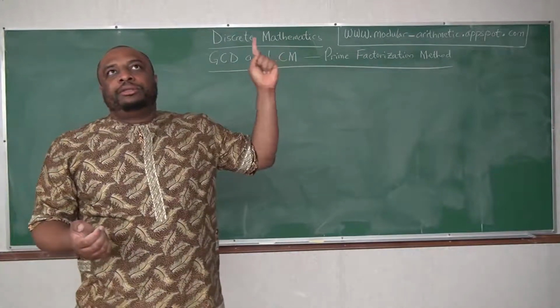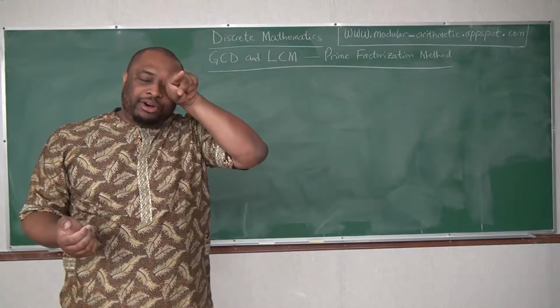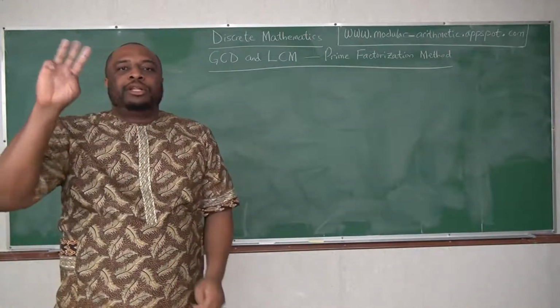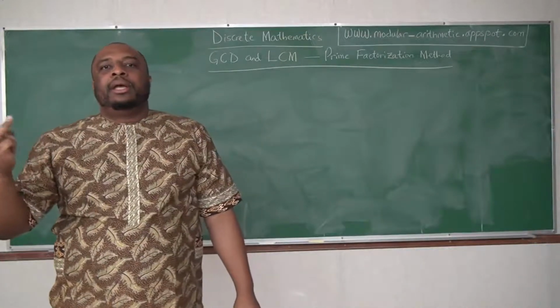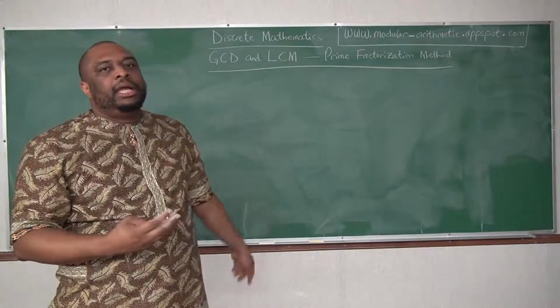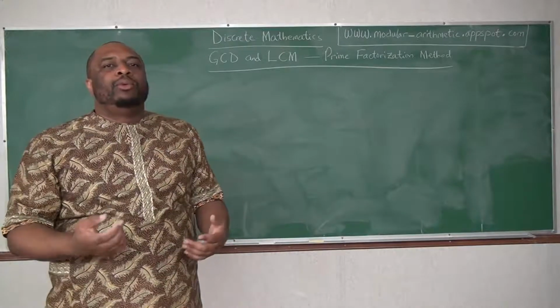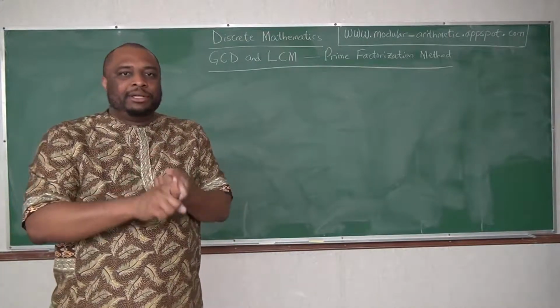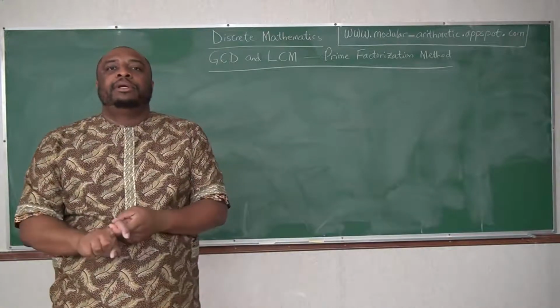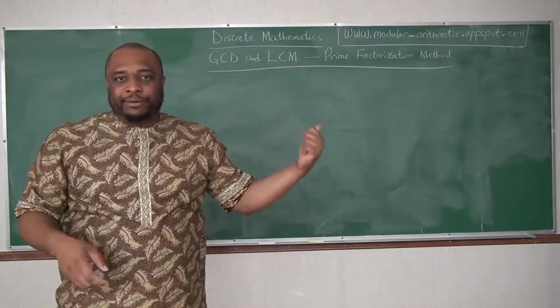In the video on GCD introduction and concepts, we mentioned 3 methods of calculating the GCD of two numbers. We mentioned the listing method. You can also do the LCM by listing method. We explained it in that video.